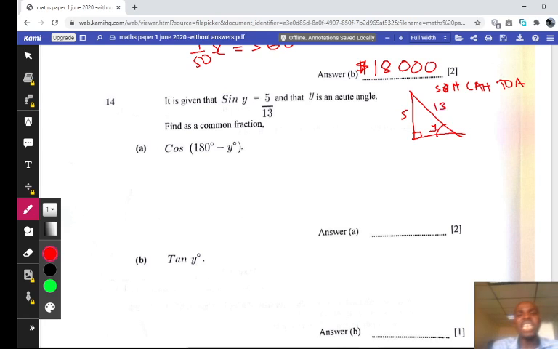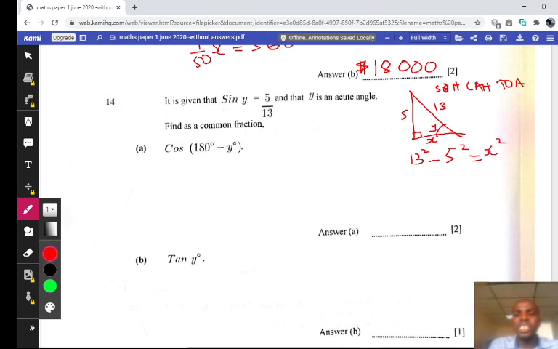So you find the other side using Pythagoras theorem. So you say 13 squared minus 5 squared is equal to this side squared. Let's call this side x, so it's x squared.